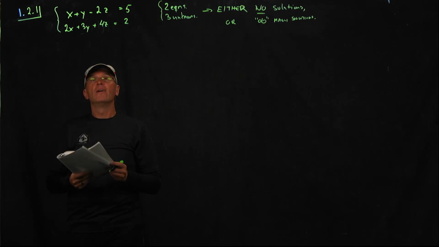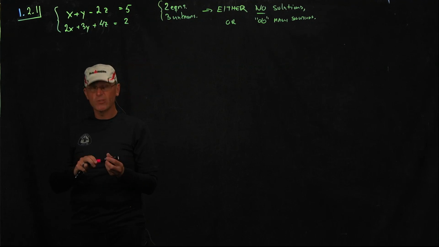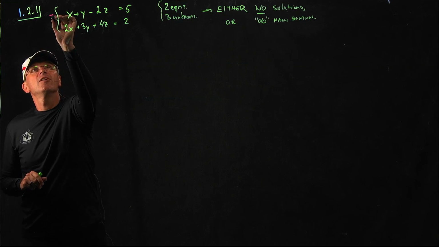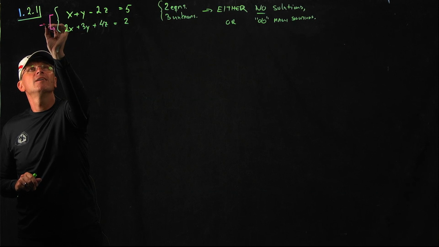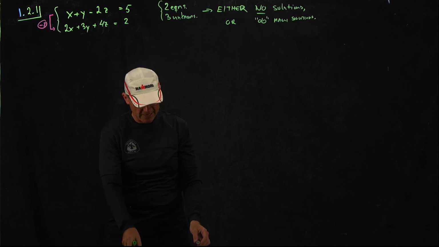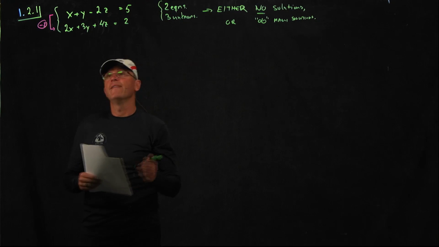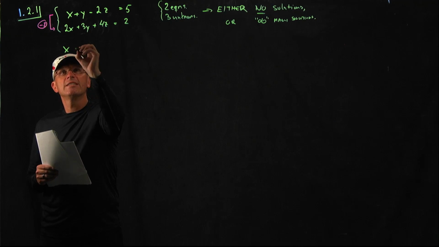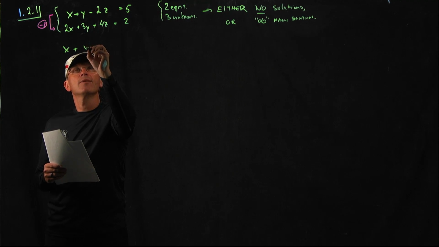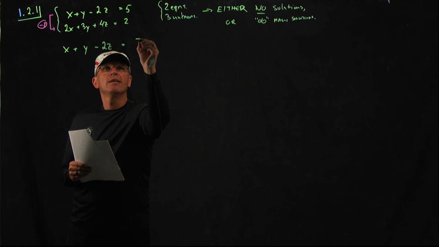So, what do? Well, we use our same old trick. So we take the first equation, subtract 2 times first equation from the second to get rid of x in that equation, right? So first equation stays. We have x plus y minus 2z equals 5.